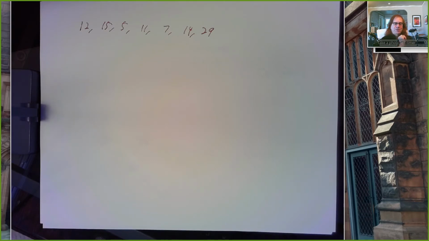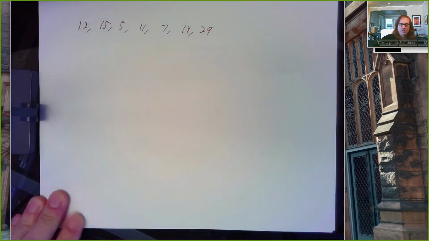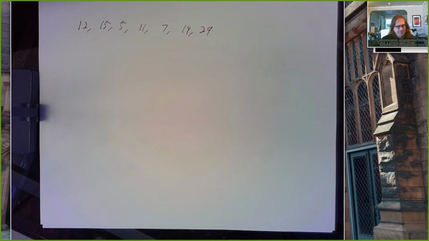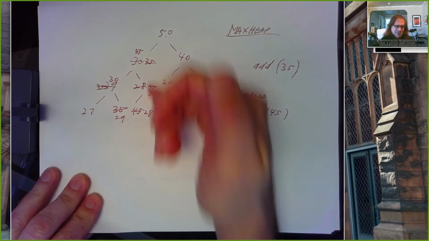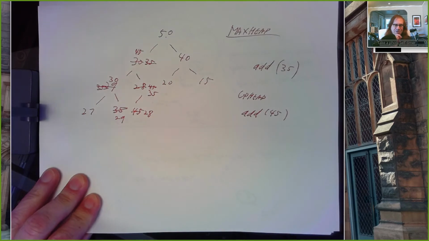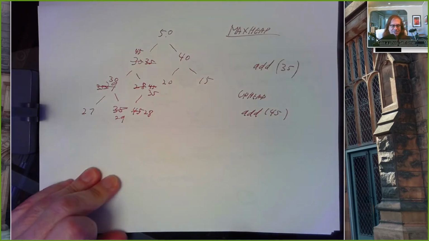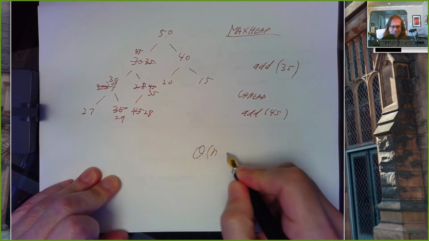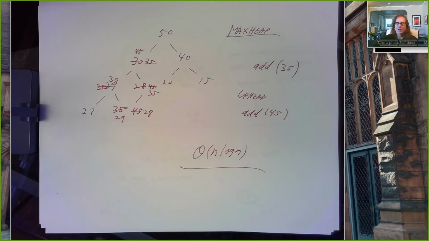So one way to do this is to start with an empty heap and just insert a 12, a 15, a 5, 11, and so on. Just do all of these inserts. And each time that you insert, you add it to the bottom and you upheap. And each of those takes order log n, and you have n numbers, so you can certainly build a heap containing n things in n log n steps.